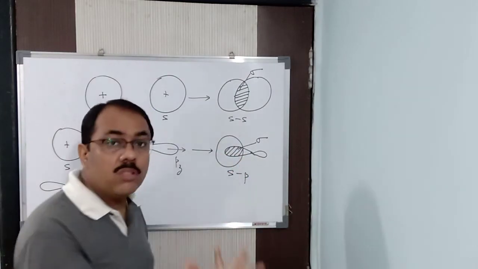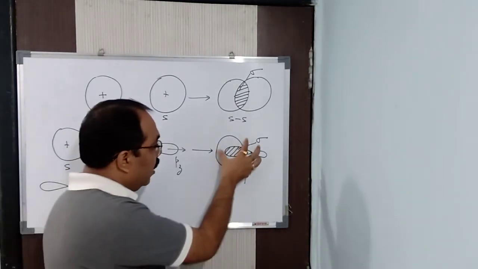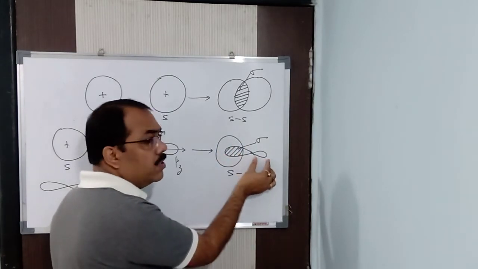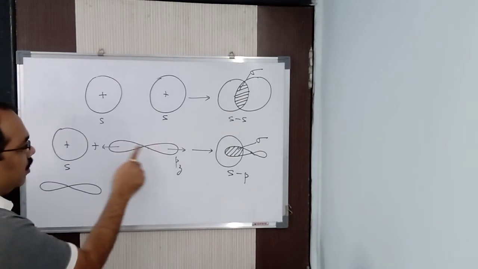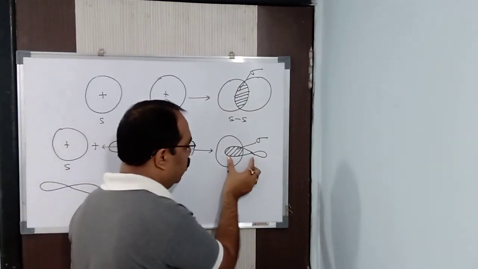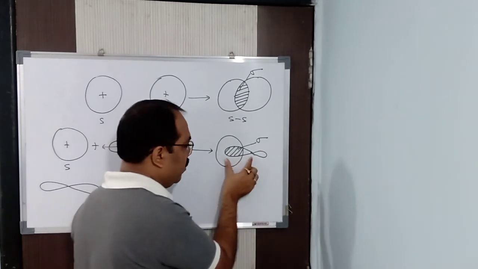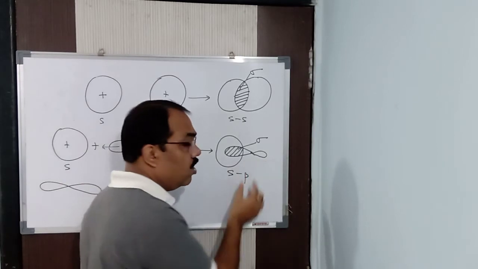So how do we show this? Remember that when the bonding is taking place, one lobe will be bigger and the other lobe will be smaller. But if the bonding is not taking place, both the lobes are of equal size. The lobe which is overlapping is bigger, and the one which is not overlapping is smaller.